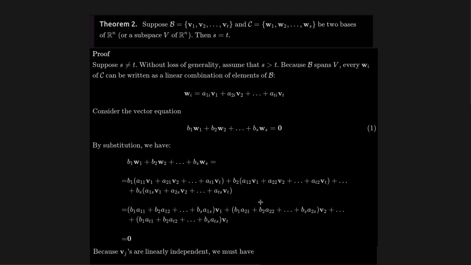That's a linear combination of vectors v, and it equals 0. What do we know about linearly independent vectors? We know that the v's are linearly independent because, by assumption, B, with all those vectors v, is a basis. And remember, a basis is linearly independent. That's one of the properties of a basis.